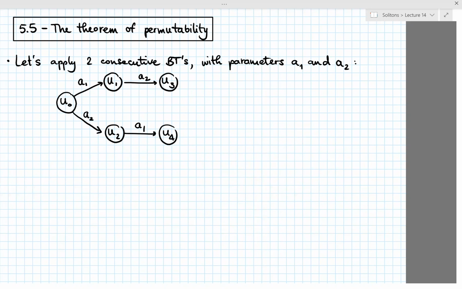In both cases, the final results, namely U3 and U4, look like the seed solution U0 with two added solitons with parameters A1 and A2. So you might ask, could these two solutions, U3 and U4, actually be the same solution? And the answer is yes, thanks to a theorem due to Bianchi in 1902.